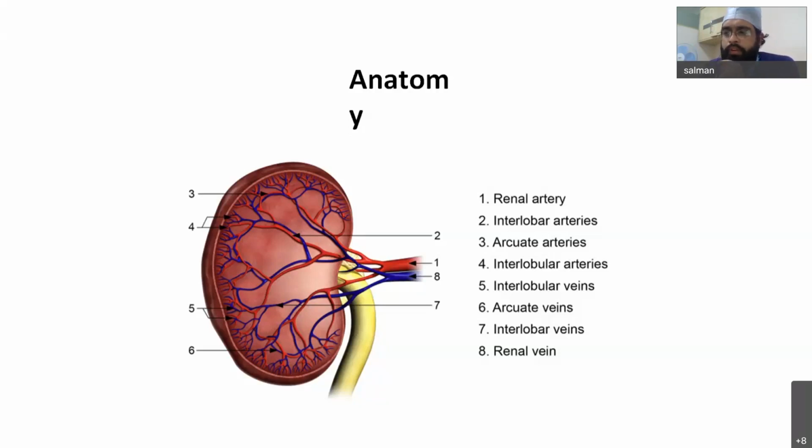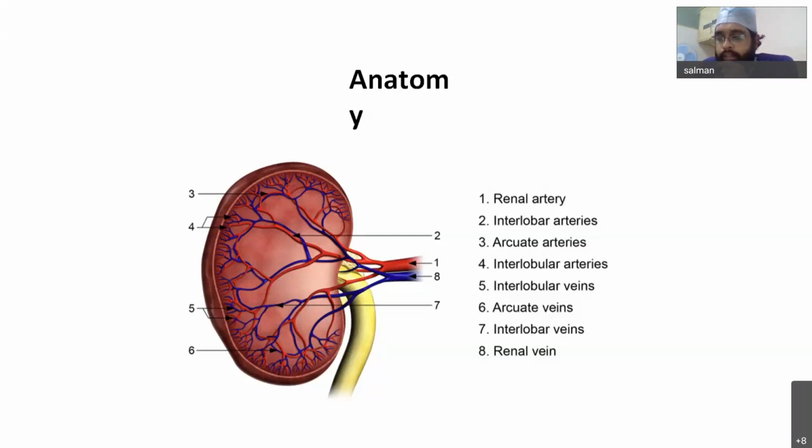A very brief overview regarding embryology of the renal arteries. The kidneys ascend from the pelvis into the lumbar region, approximately along the 6th to the 9th week of embryogenesis.